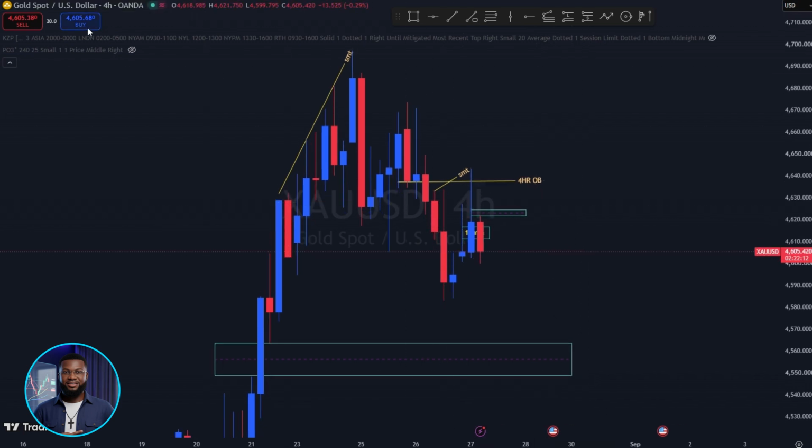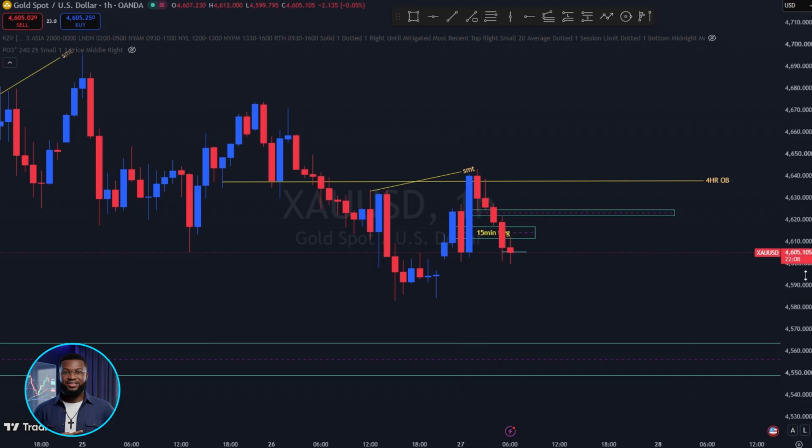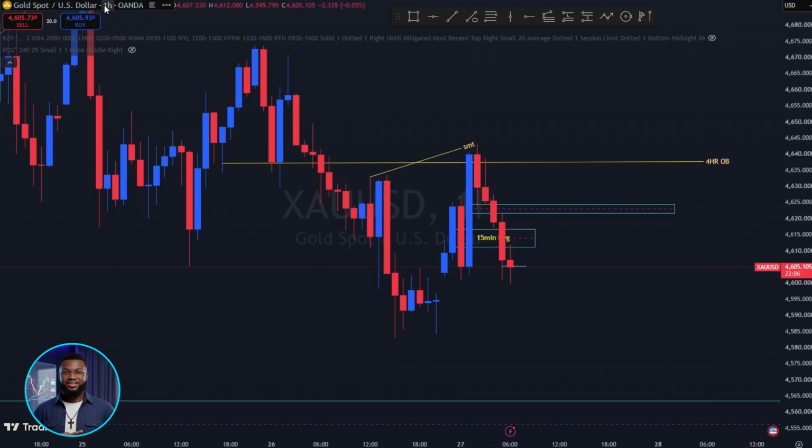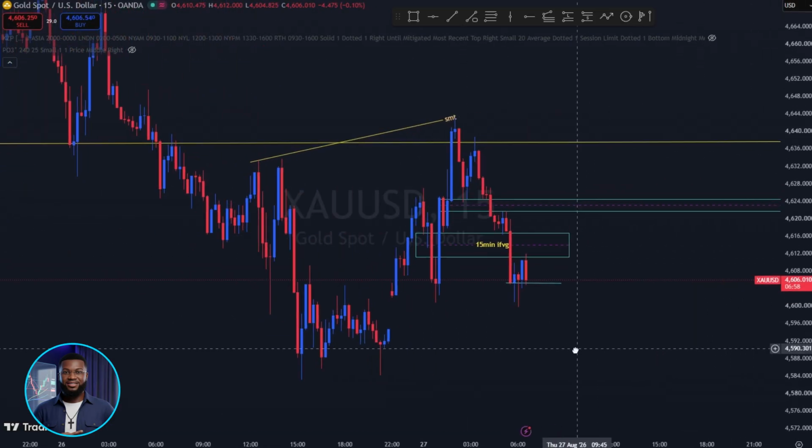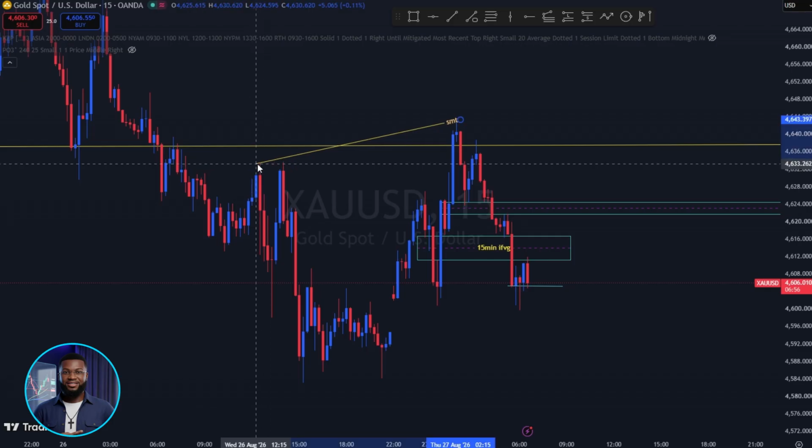Now what do we see as well? Check this out. When you go to the 15 minutes time frame, you see that there's also a divergence. I think it's clearer with the 1-hour.